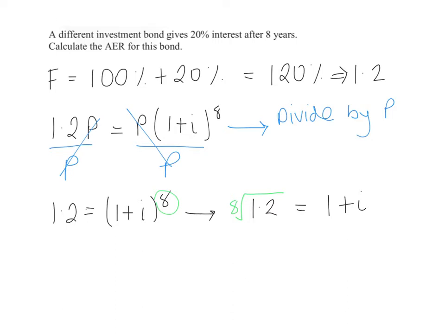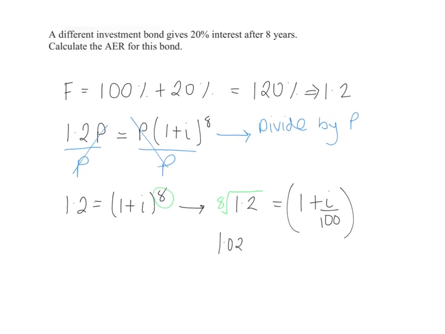Now this interest rate is over 100, because remember it's 100%. Okay, the interest rate is on the full amount of the investment, so 100%. So what we're actually going to say is this amount, this is 1.02 when you put it into a calculator, okay?